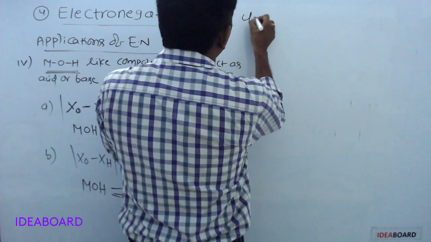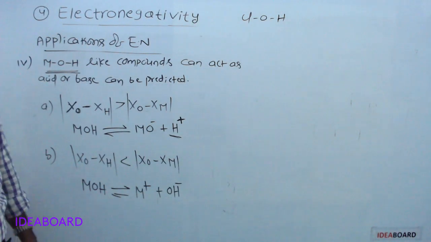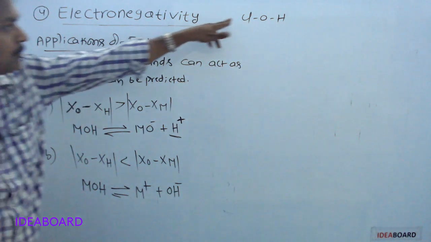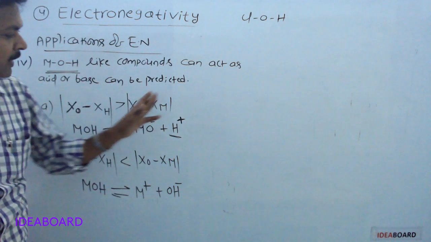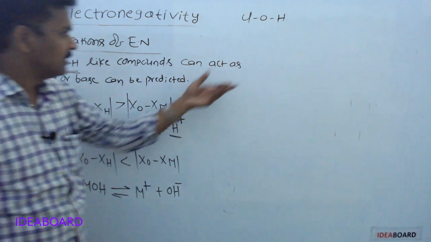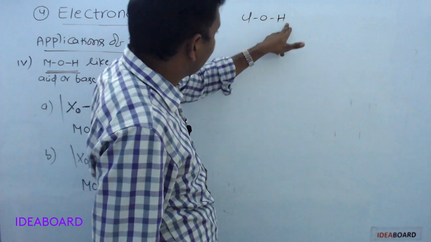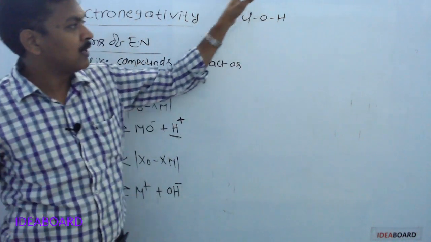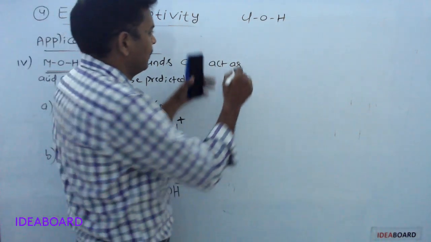I'm taking one compound, ClOH. Here that M is chlorine. If XO minus XH is greater than XO minus XM, that means if the electronegativity of oxygen minus the electronegativity of hydrogen is greater than the electronegativity of oxygen minus the electronegativity of chlorine, it can act as acid.